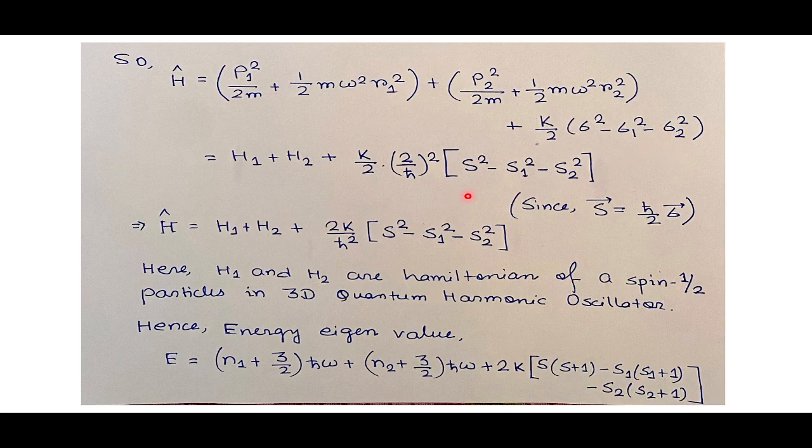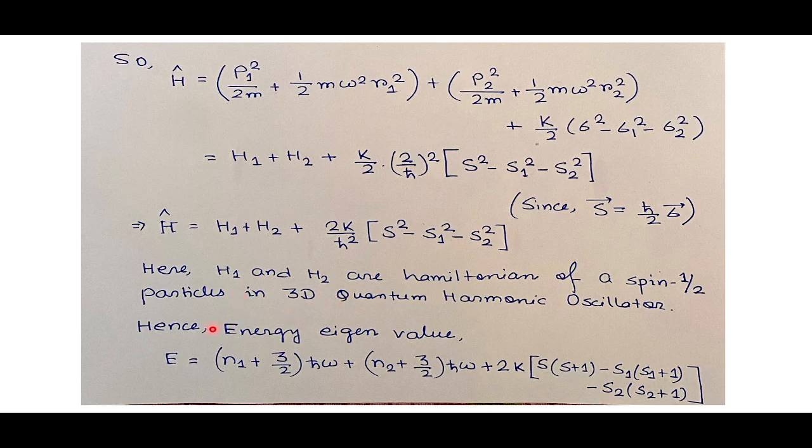I have converted sigma into S for convenience, though you can deal with sigma directly, that does not matter. You know that S equals h cut by 2 times the Pauli matrix. So I multiplied by 2 over h cut square whole square and wrote it as S square minus S1 square minus S2 square. Effectively, H1 plus H2 is a 3D quantum harmonic oscillator, and the spin term is 2k by h cut square times S square minus S1 square minus S2 square.